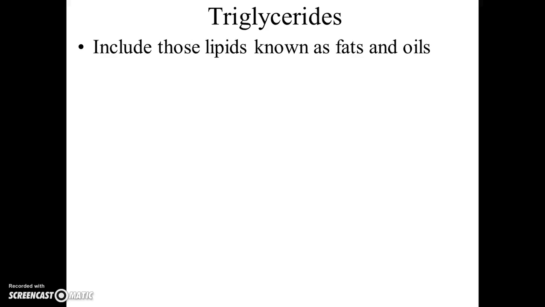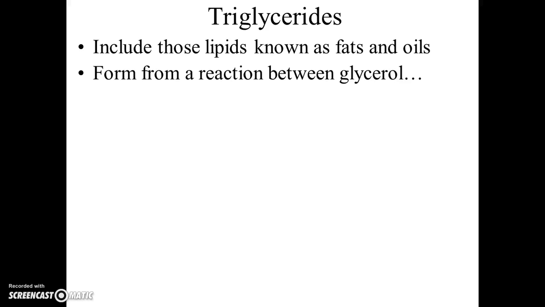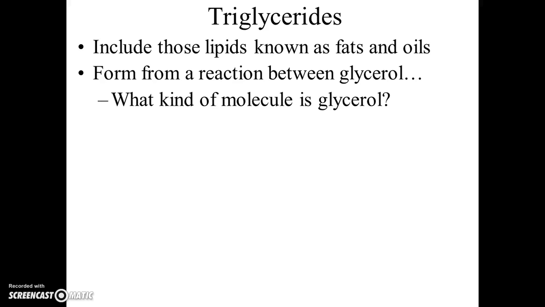So triglycerides include lipids that we know as fats and oils. They form from a reaction between glycerol. So what kind of molecule is glycerol? It ends in OL, which tells you it will be an alcohol.